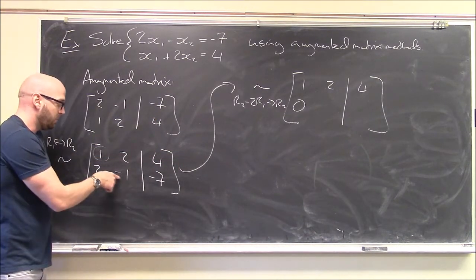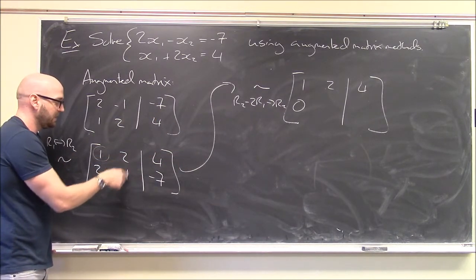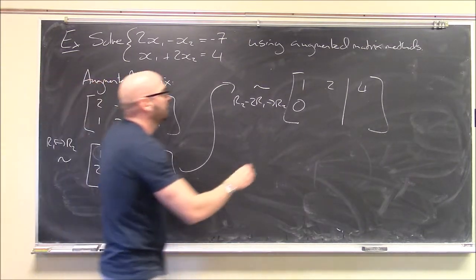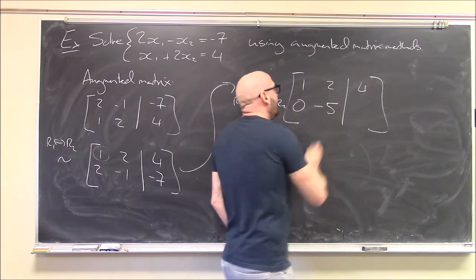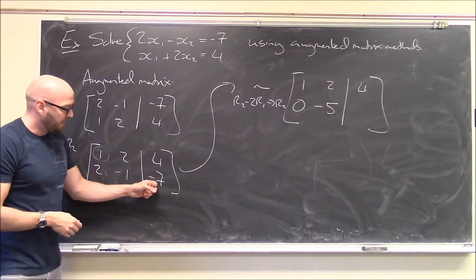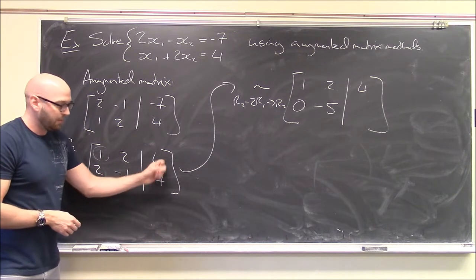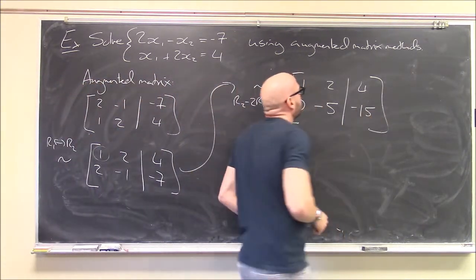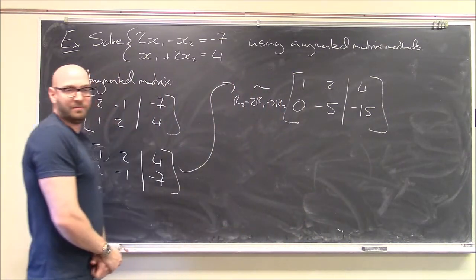Here I've got minus 1 minus 2 times 2, minus 1 minus 4 is minus 5. And I've got minus 7 minus 2 times 4, minus 7 minus 8 is minus 15. Great.